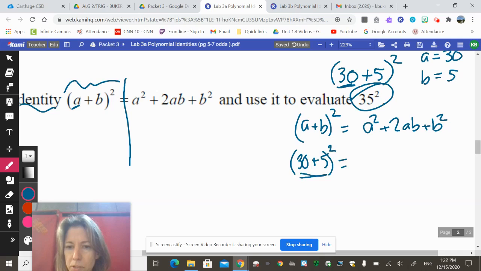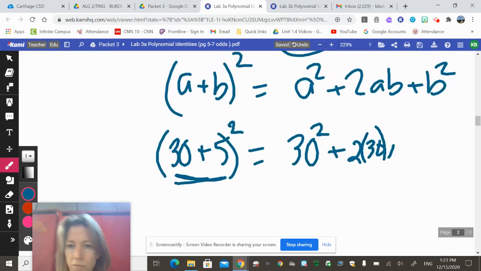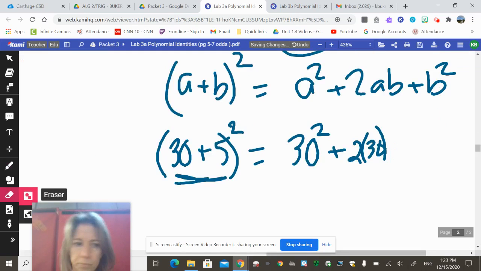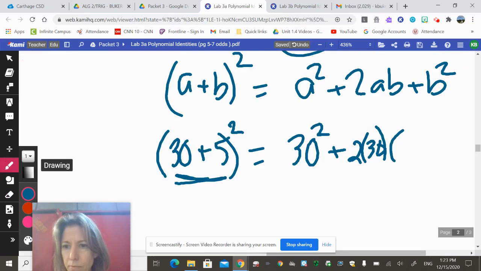Okay, this is the same as 35 squared. So I'm going to take my A value and square it. So I'm going to do 30 squared plus 2 times my A, which is 30, times my B, which is 5, and then I have to add my B, which in this case is 5 squared.